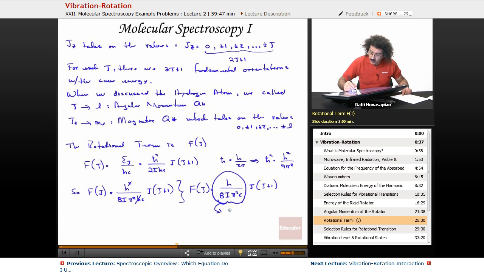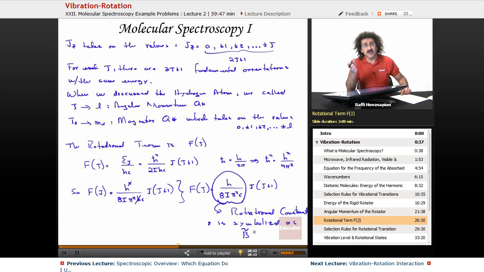this is called the rotational constant. It is symbolized as a B with a tilde on it. This is another one of the spectroscopic parameters that you find in a table of spectroscopic data.